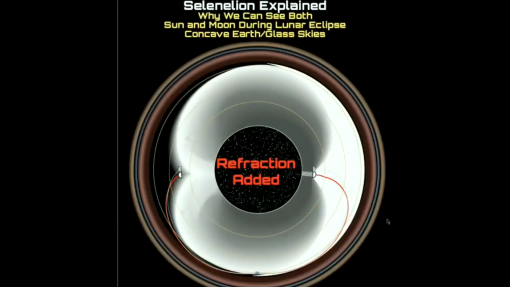This is a previous illustration I made showing the propagation of light within the concave Earth. I showed you how the lunar phases happen. And so what I did was I simply show you how these glass skies, these concentric layers of glass sky, is actually refracting the light and causing the lift that is happening.